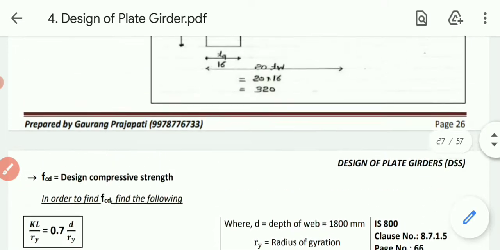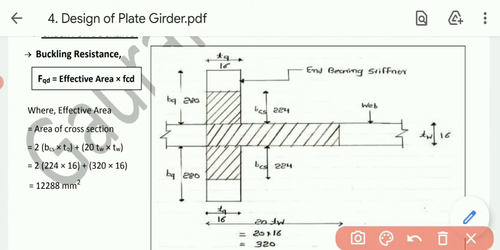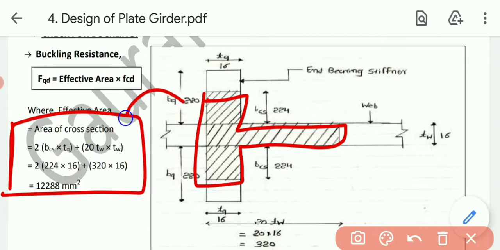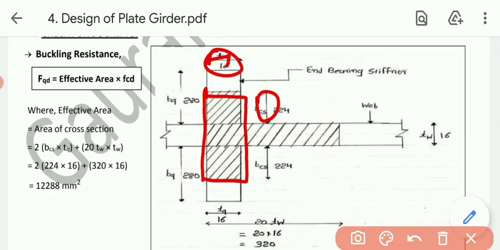We have already calculated the area of these highlighted portions. Clear? We already have the area of this one. Now I need to calculate its I, moment of inertia. So moment of inertia, typical bd cube by 12. First of all let's take these sections together. Width is 16, depth 214, and in between 16.